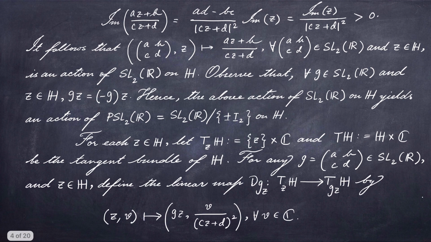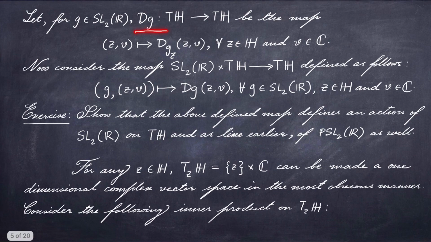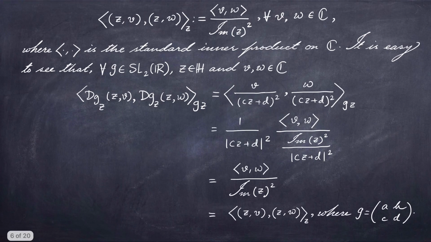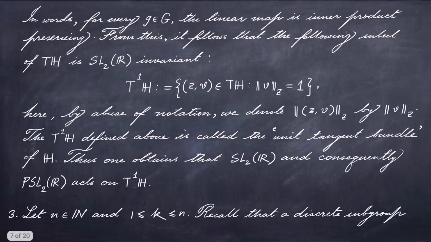Then we lift that action to the action of SL2R on the tangent bundle of the upper half plane, TH, and finally from that we obtain the action of the same group on the unit tangent bundle, as it is invariant under the action of SL2R on the tangent bundle.